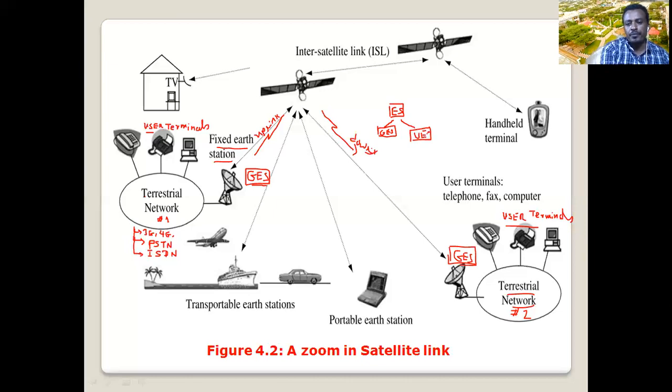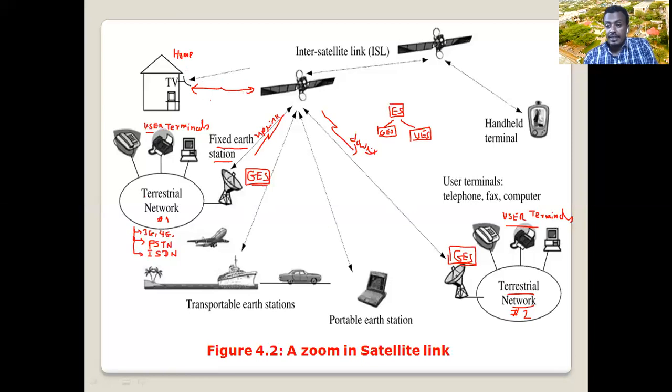So in user earth station, when you see this home satellite TV we are using in our homes, this satellite dish is directly connected to the satellite without any terrestrial network, right?